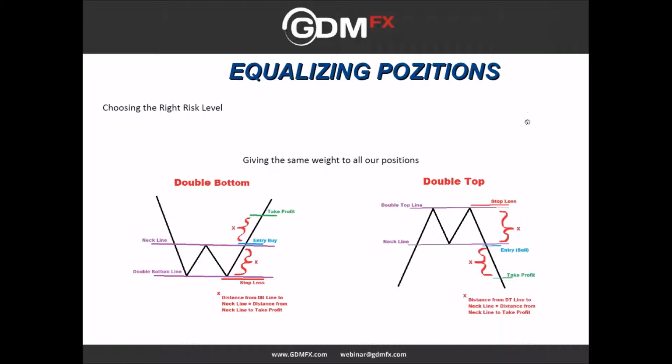So choosing the right risk level is a very important piece of the puzzle. The first thing we have to consider now when looking at a new strategy, for example, or a trading style, would be how much of our equity we are prepared to risk per position.